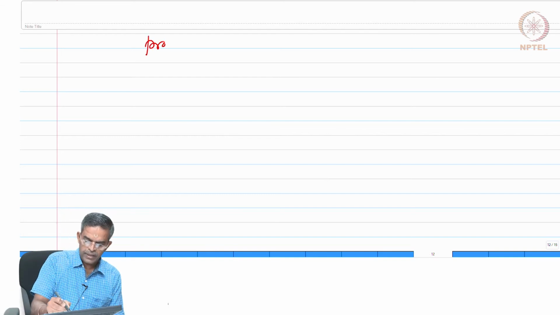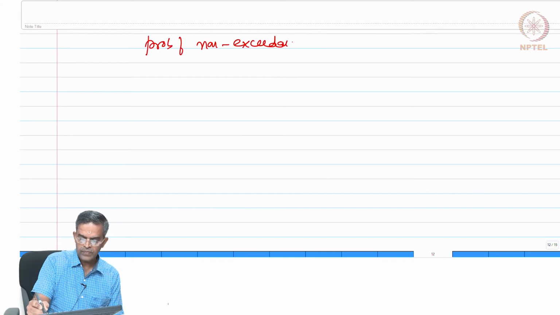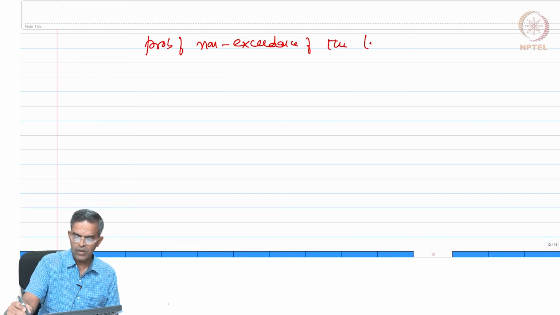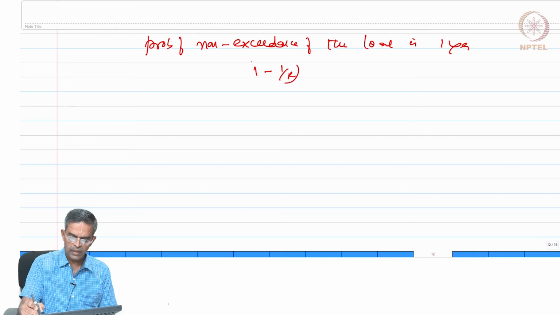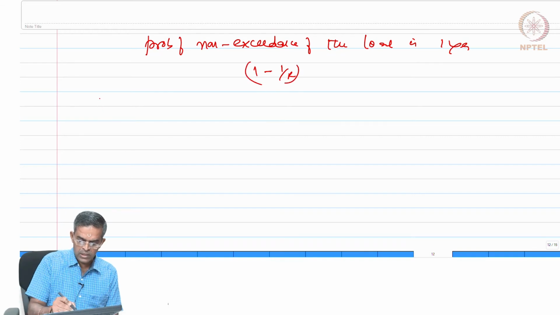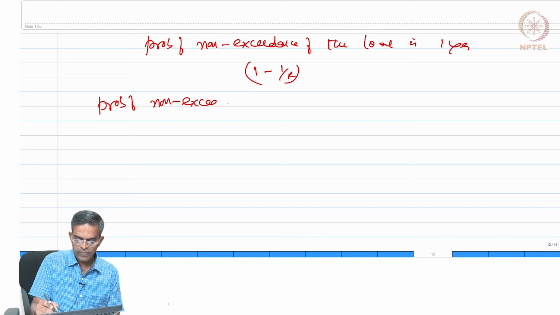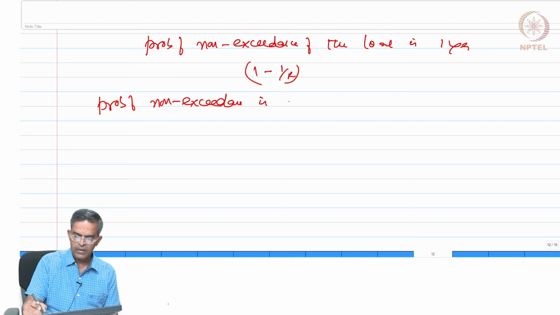So, the probability of non-exceedance of the load in 1 year is 1 minus 1 by R. What is the probability of non-exceedance in n years?